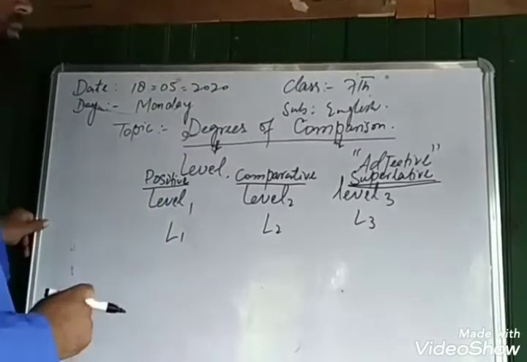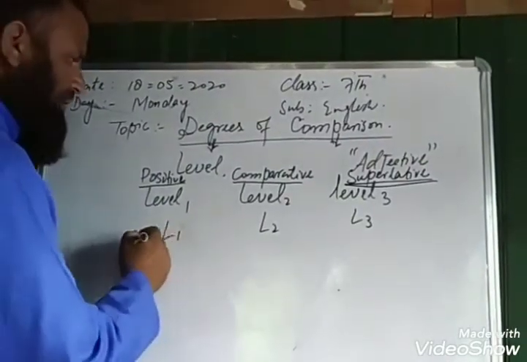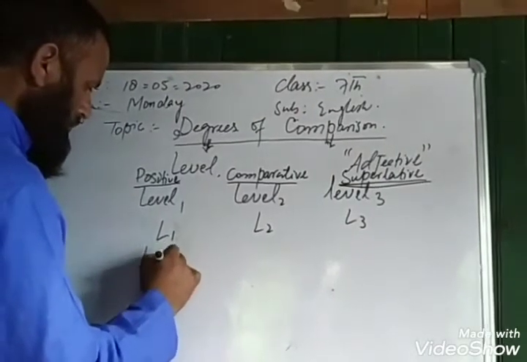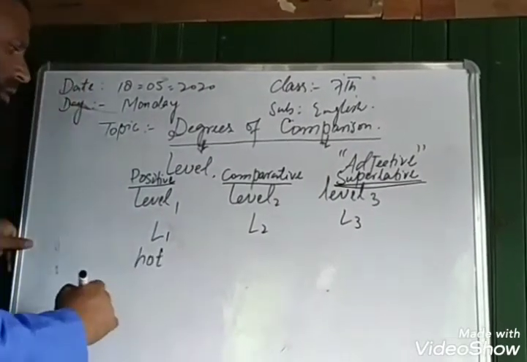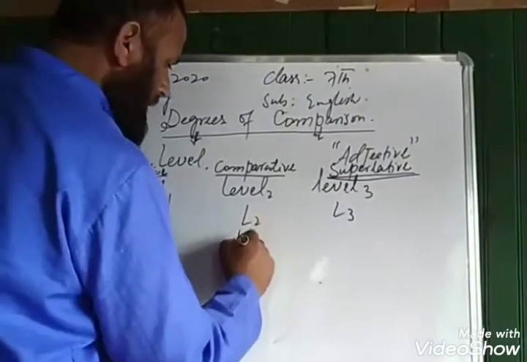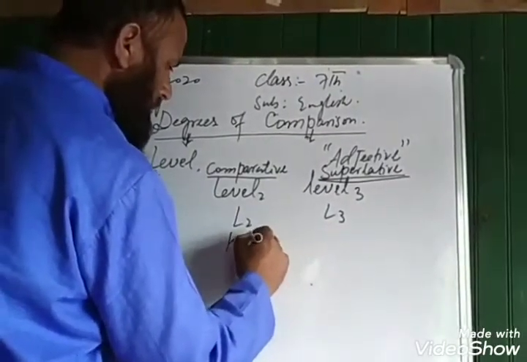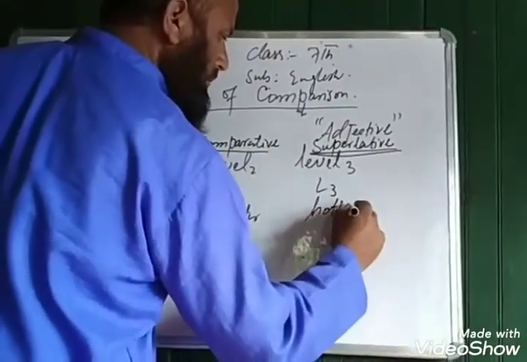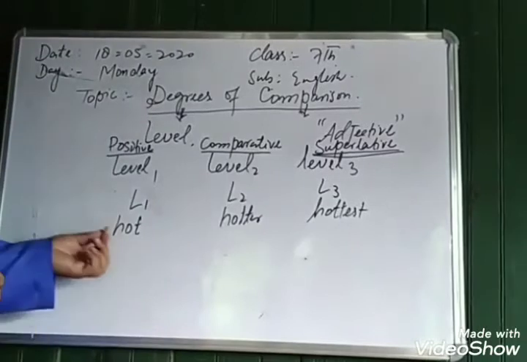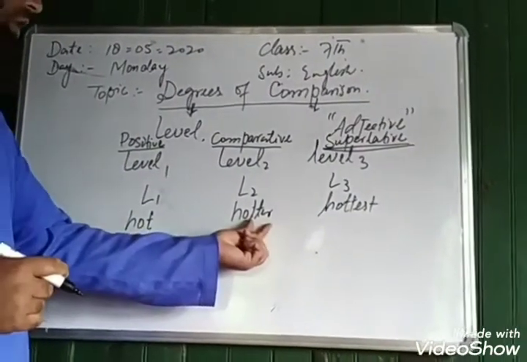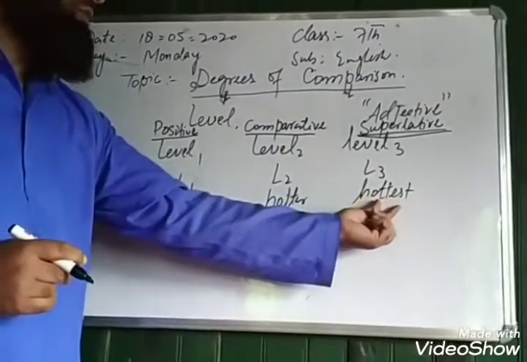So in L1, for example, I shall write the word hot. And L2, hotter, hottest. So level 1 is hot, level 2 is hotter, and level 3 is hottest.